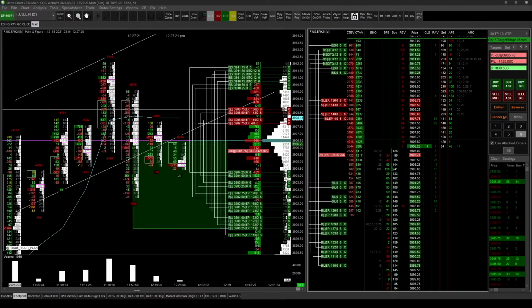So if you're new to Sierra Chart and you're having issues, or you're still just on your trial, that is something you will have to do. It'd be cool if it said, this is the first time you're setting up your Sierra Chart with the routing, do this.